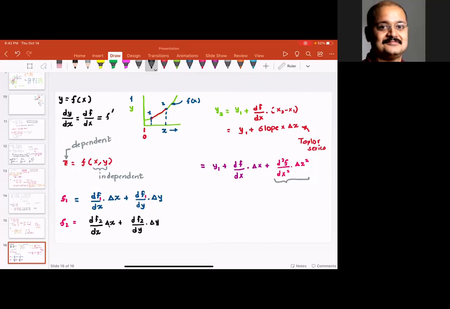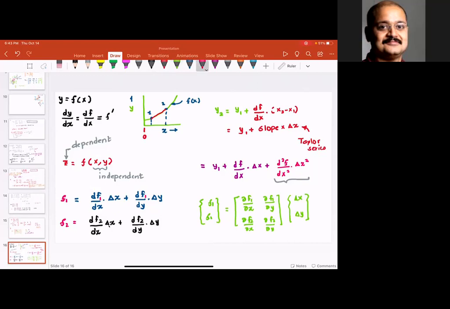Everyone understood this? Okay. Now this is where the linear algebra meets this. So can I write this equation down? The vector of f1, f2 is equal to the matrix with rows delta f1 delta x, delta f1 delta y, and delta f2 delta x, delta f2 delta y, multiplied by the vector delta x, delta y.